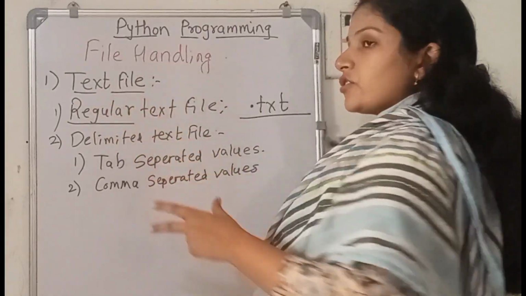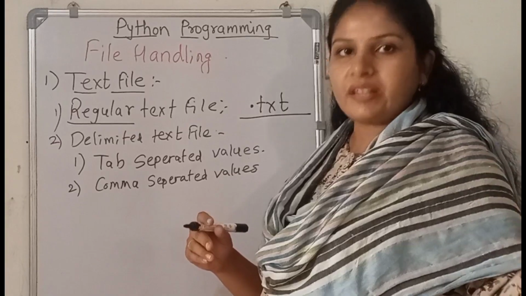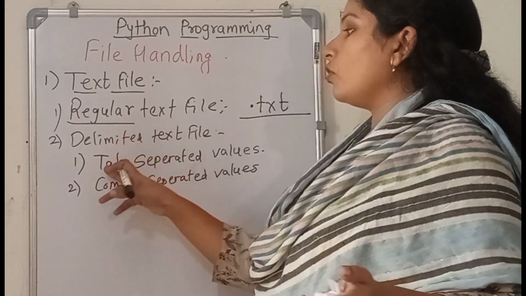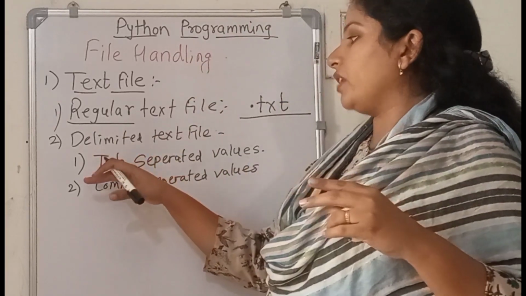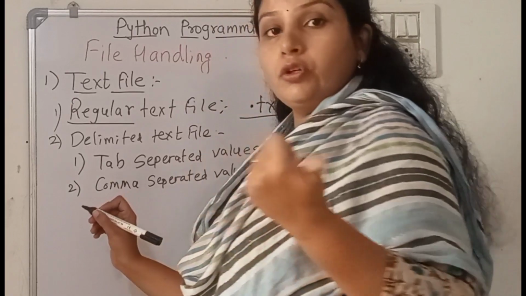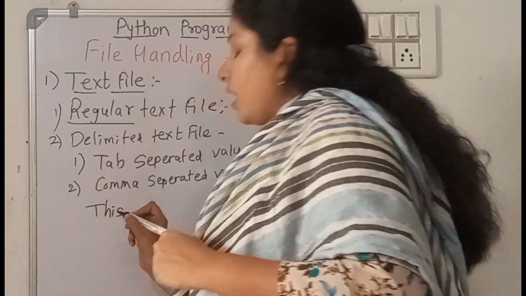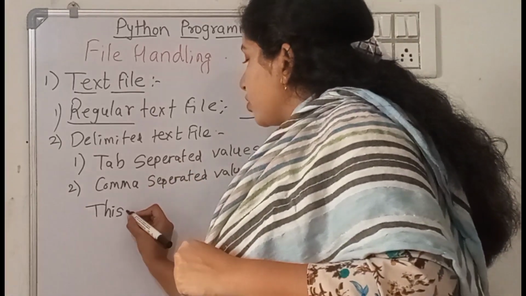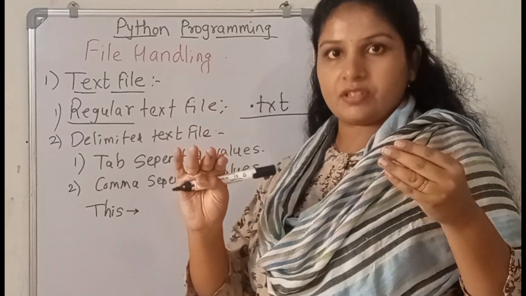So for a regular text file, if your sentence is, suppose, this is simple text. So how can you write down the same sentence into tab separated or comma separated? For tab separated, your sentence will be this, and tab is mentioned with this arrow. One tab means 4 spaces, right.